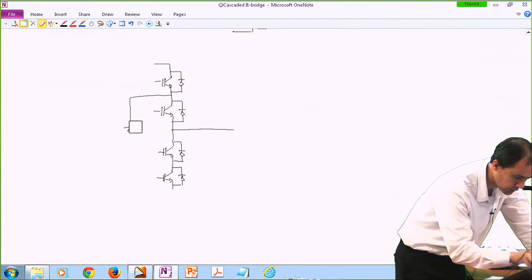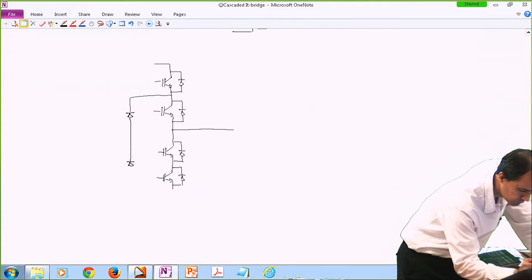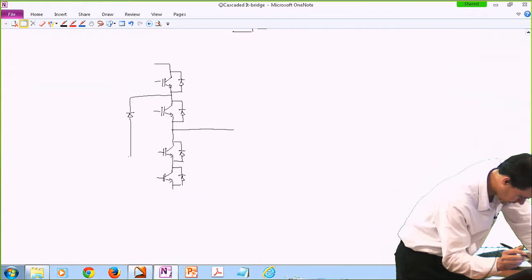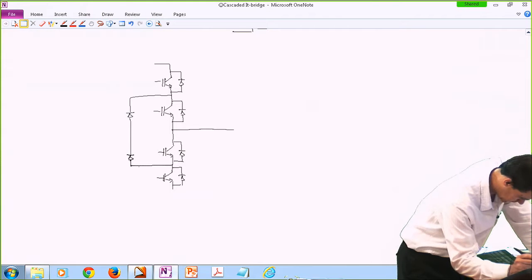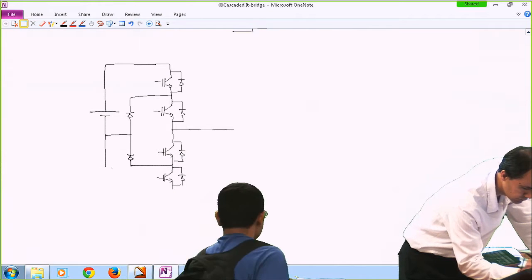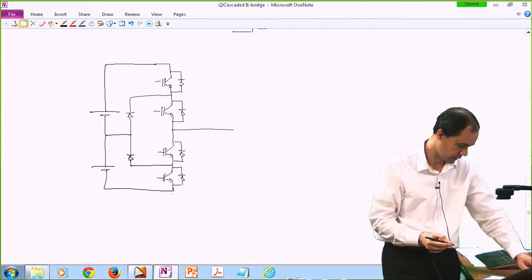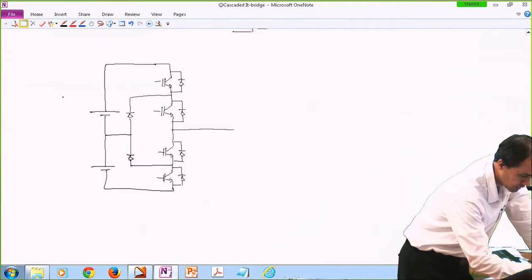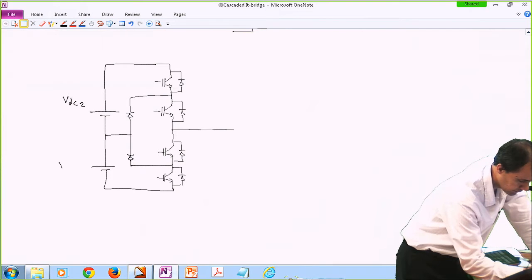Okay, something like this. And I just labeled this VDC2 and then VDC1.